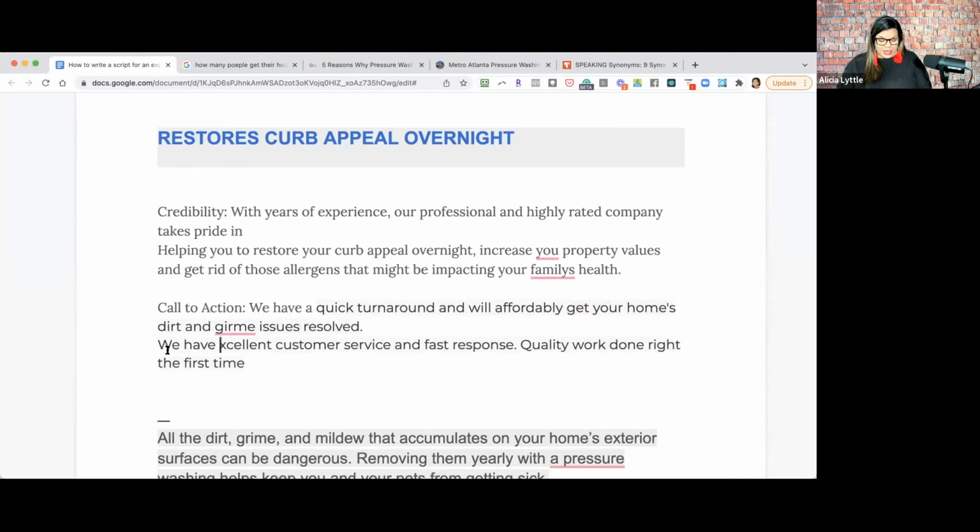We have excellent customer service. And we take pride in doing quality work done right the first time. Call us today for a quote and let us help you with a good home power wash.